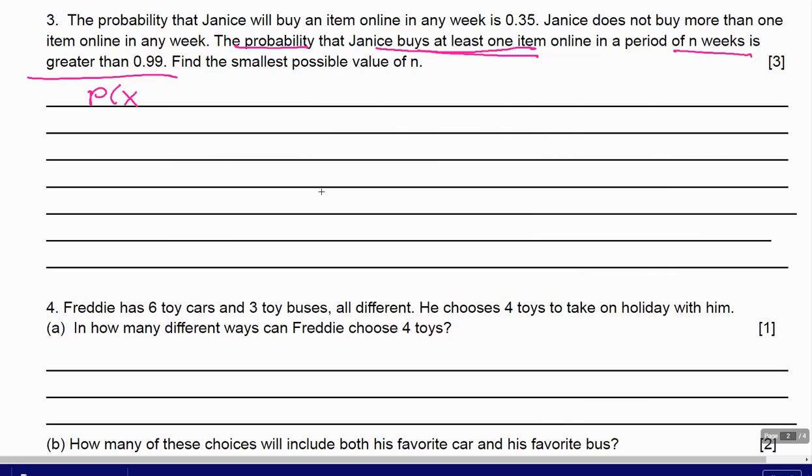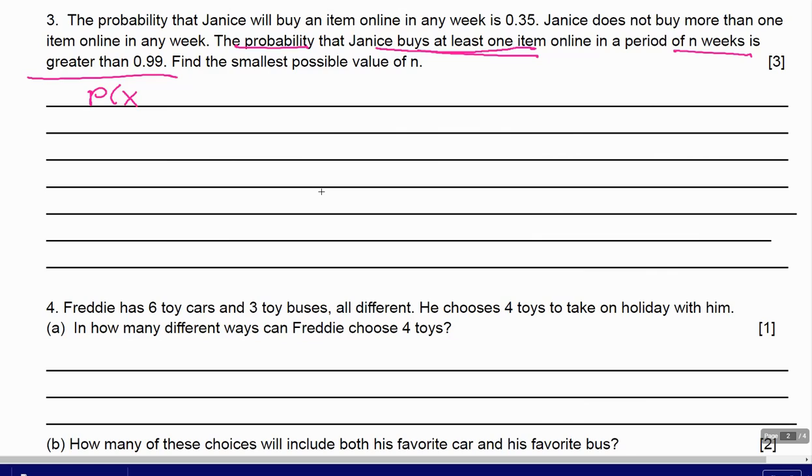So the probability that Janice buys at least 1 item. Give me the examples of at least 1 item. What's the smallest number of items it could be?